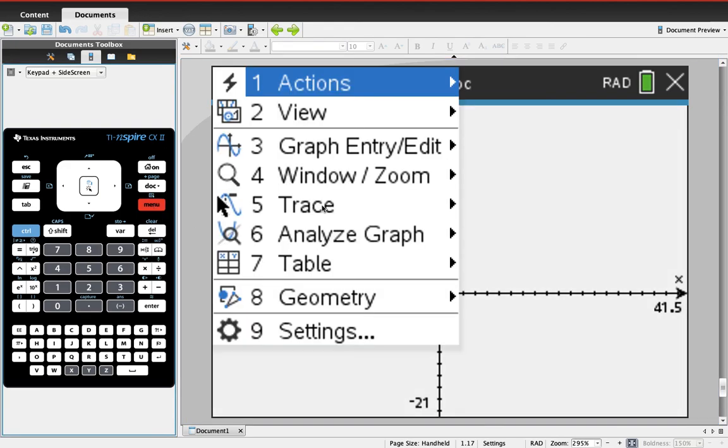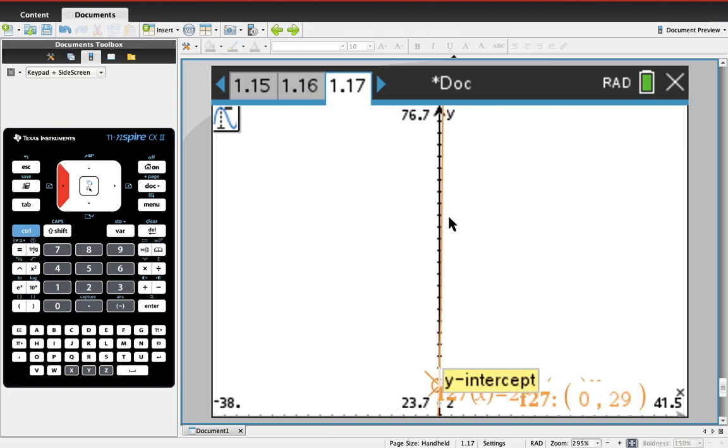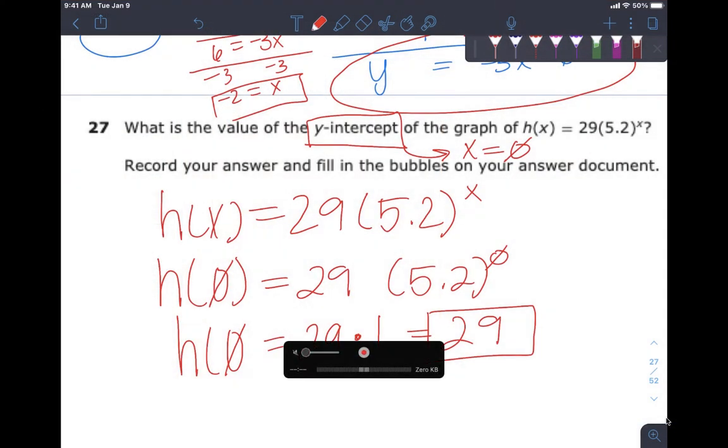But let me go ahead and do a graph trace. Okay. So that's way up there. And there it gave me my y-intercept. So I could have just graphed it and looked at it. 0, 29. It's located at y equals 29.